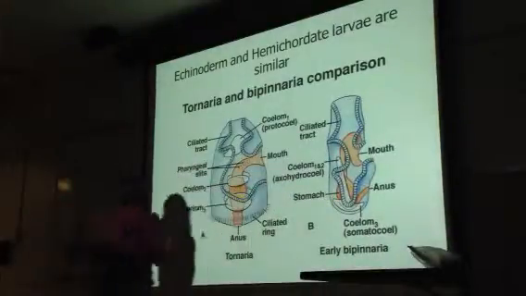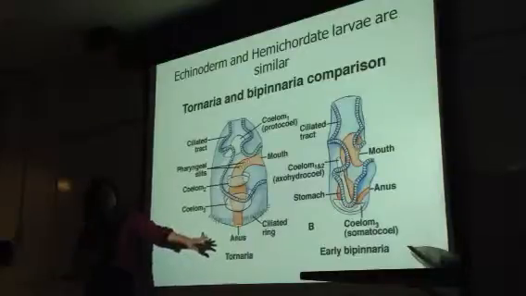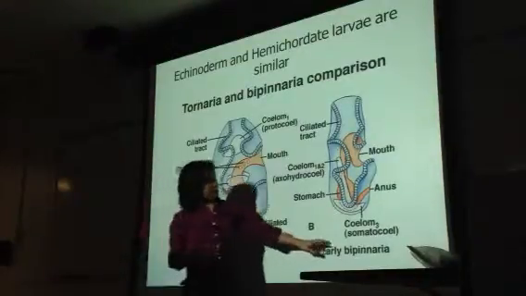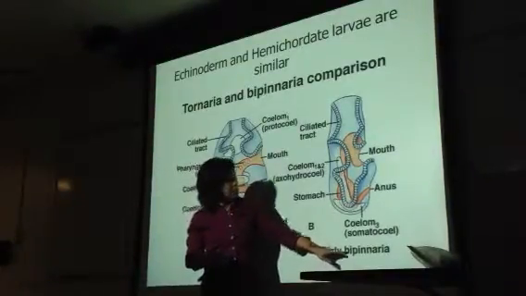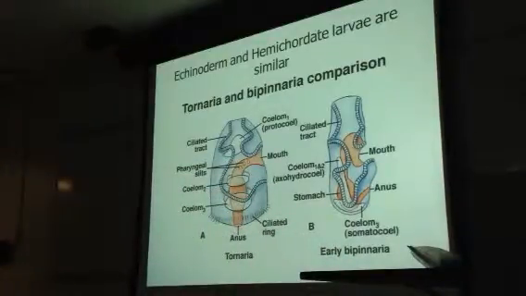So what you see here are 2 different larvae. This one, do you remember what this one is? The bipinnaria larva? What will that eventually develop into? Sea stars, right? The class Asteroidea.